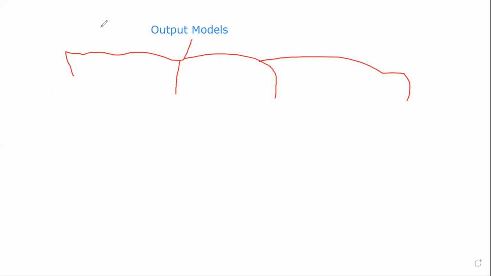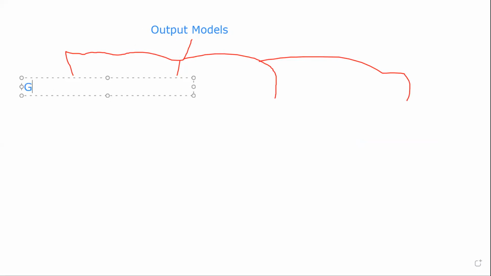They are broadly categorized into four: geometric models, probabilistic models, logic models, and grouping and grading models. There are four types of output models.